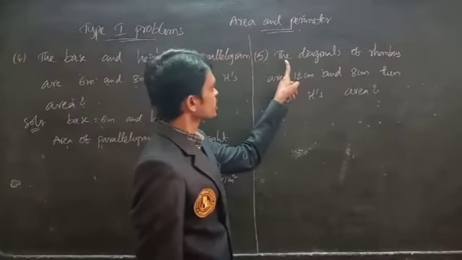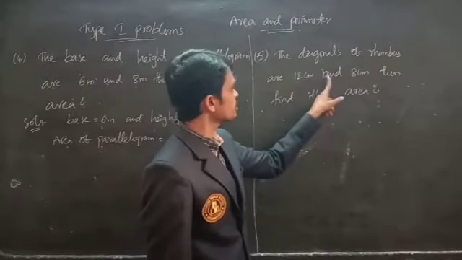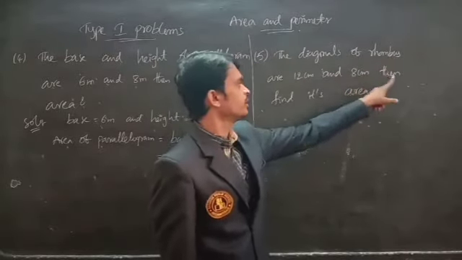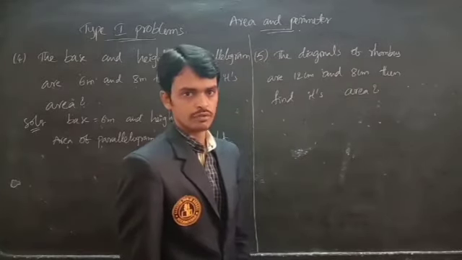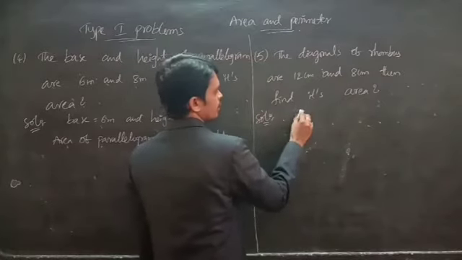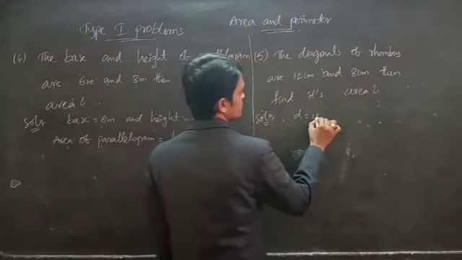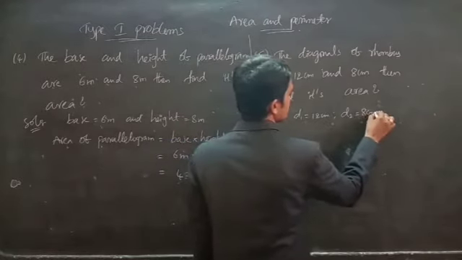Fifth problem: the diagonals of a rhombus are 12 centimeters and 8 centimeters. They are given. Then we have to find out its area. Area of rhombus we have to find out. Now solution. D1 is given as 12 centimeters and D2 is given as 8 centimeters.